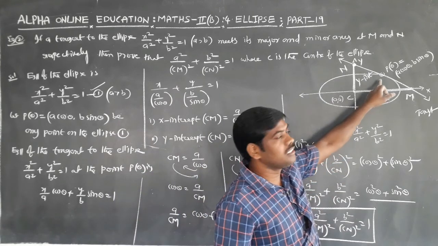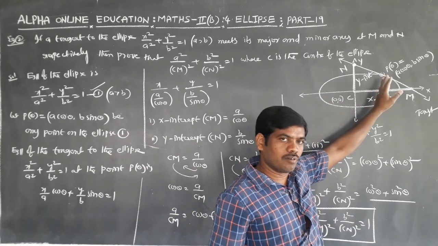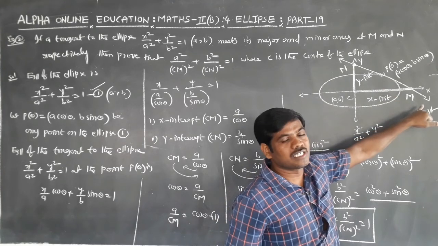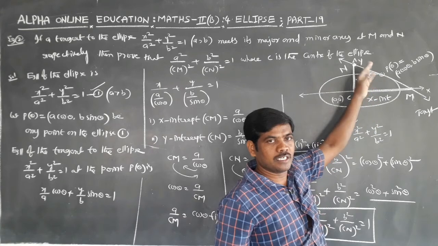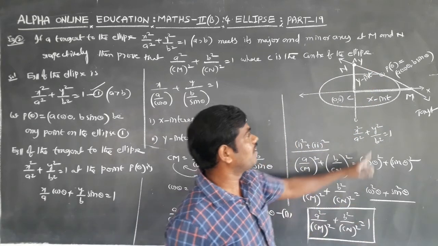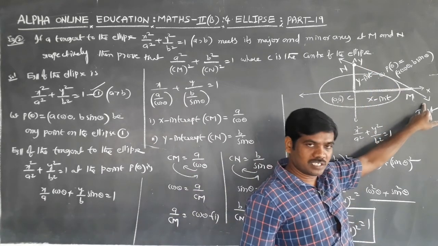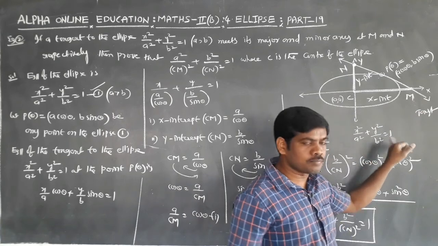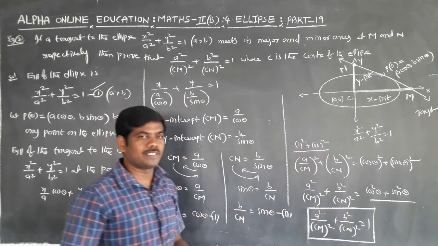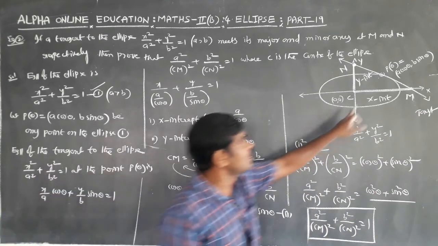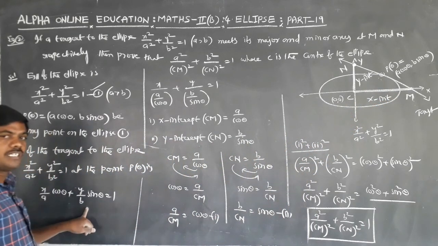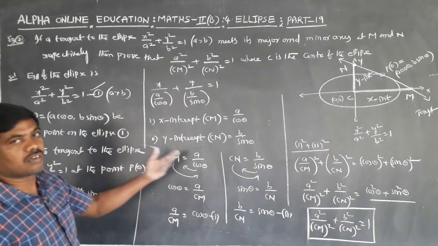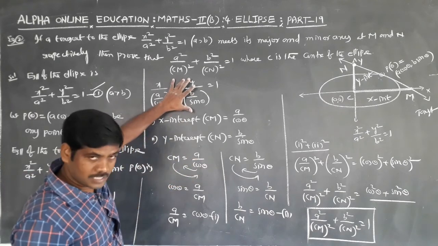The tangent to the ellipse at a point P meets the major and minor axes at M and N. So first find the equation of the tangent to the ellipse x square by a square plus y square by b square equal to 1 at the point P of theta, and transform the equation of the tangent into intercept form.